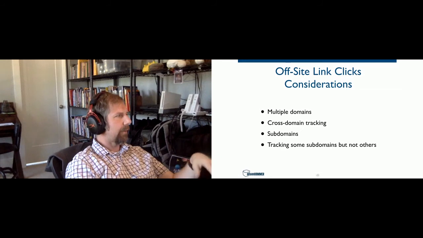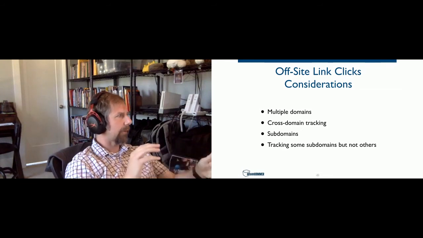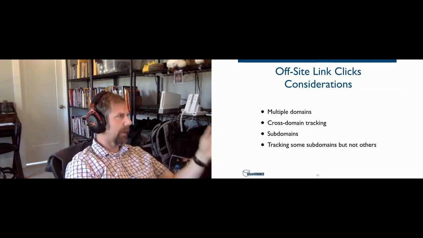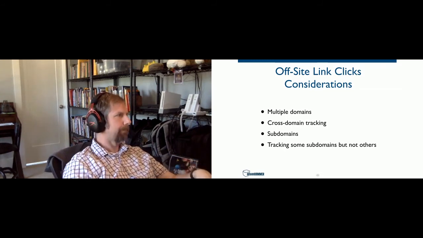But this illustrates that we can do some interesting stuff with the included or excluded parts of the trigger. So again, we're going to use clicks, just links, and only some link clicks, but we're going to use a regular expression.